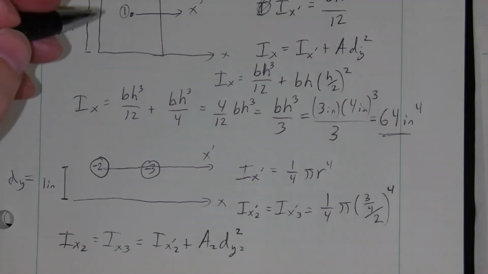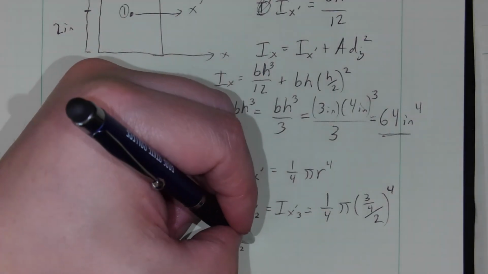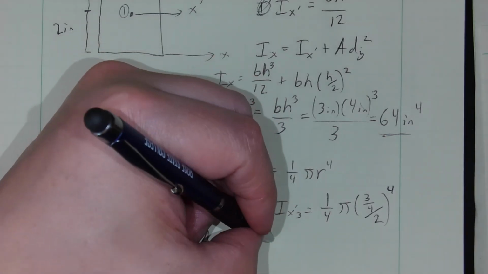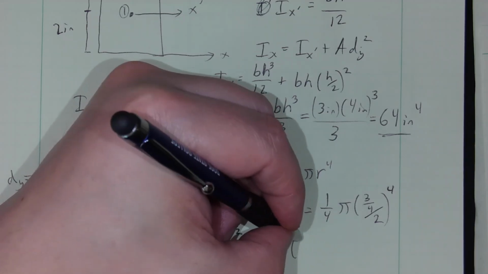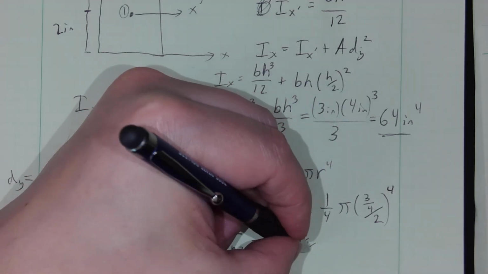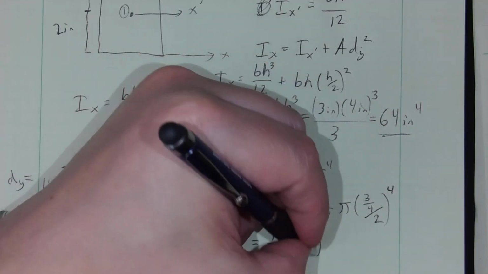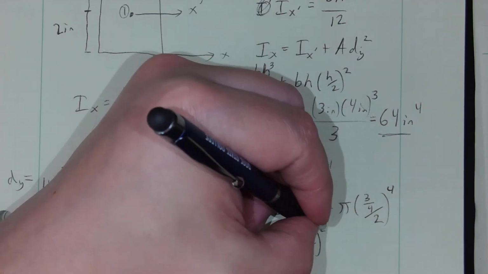Okay, so this is going to equal what I've got here, 1/4 pi times the quantity 3/4 divided by 2. You can call that 0.75 inches divided by 2 if you like. That might be better.